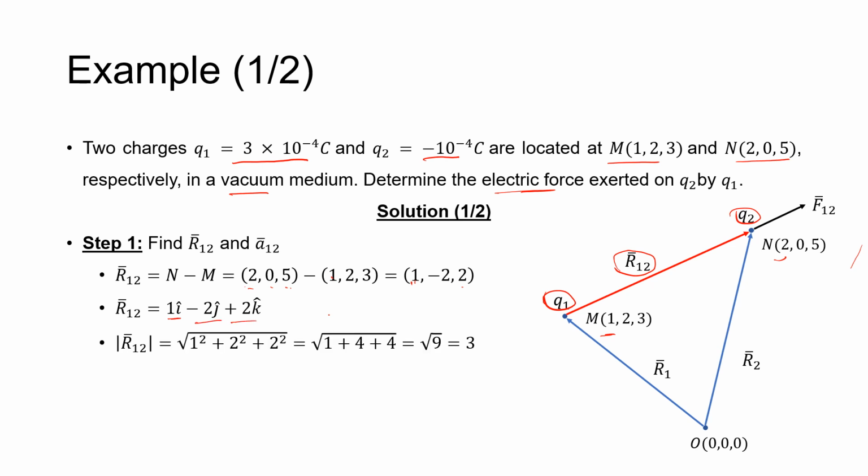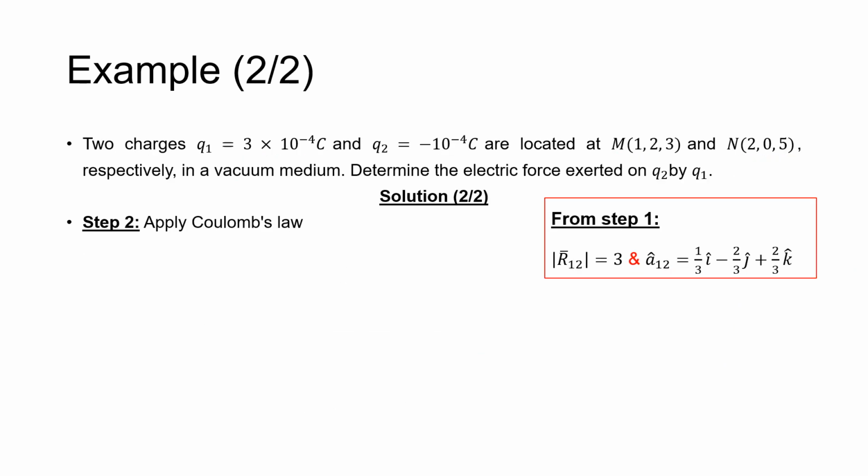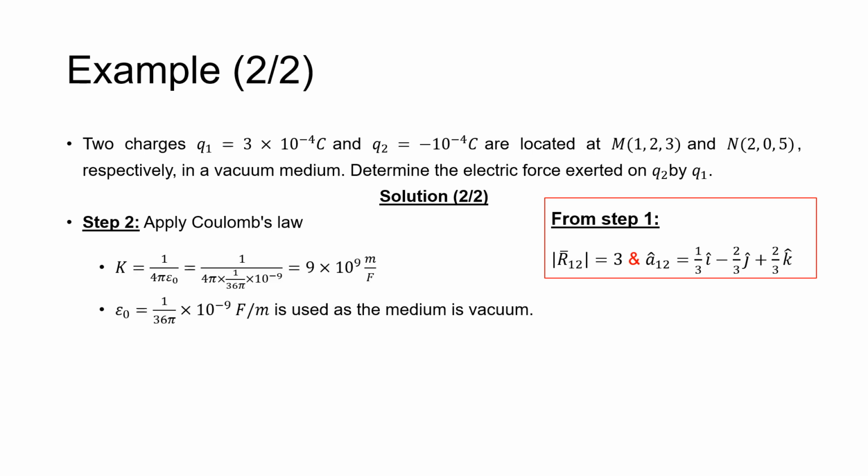Finally, we calculate the magnitude: the square root of every component squared, 1 squared, 2 squared, 2 squared, and you get 3. Then you calculate the unit vector by dividing r12 by the magnitude of r12, and with a simple calculation you reach this value.